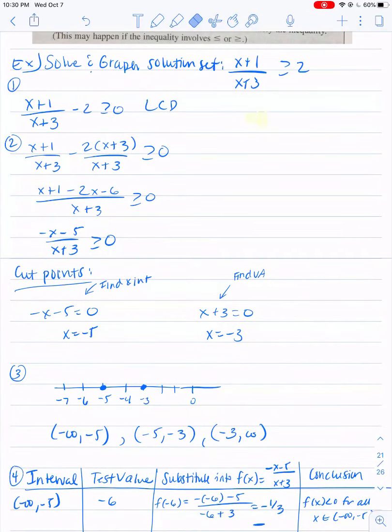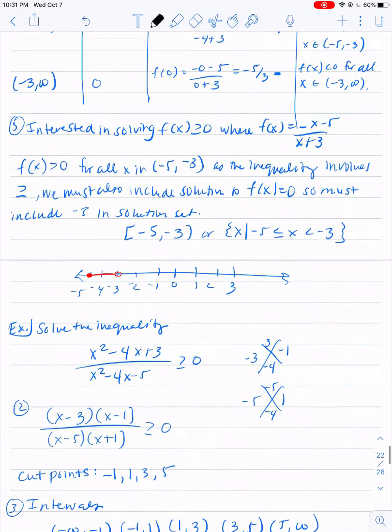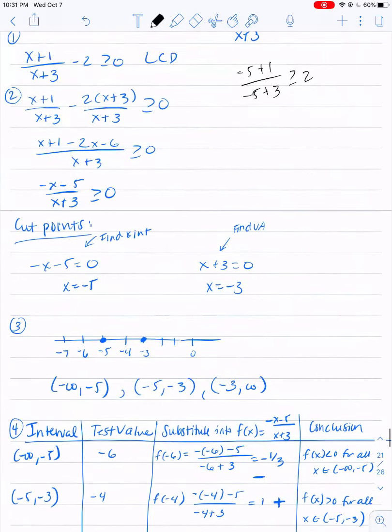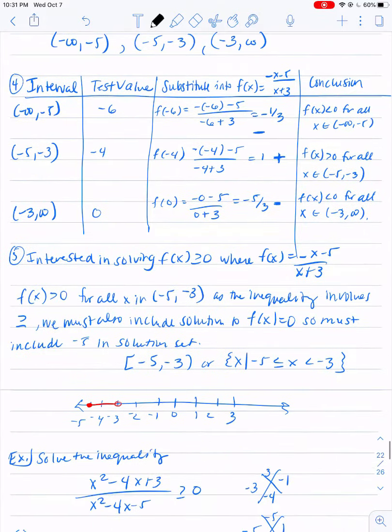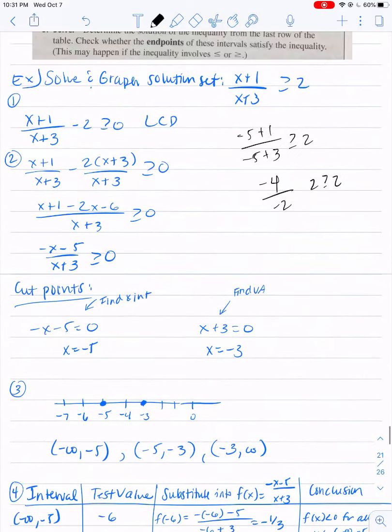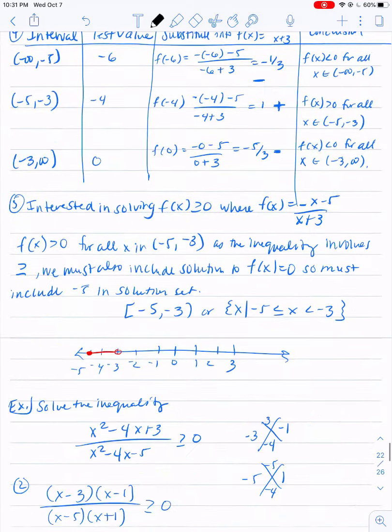We have negative 5 plus 1 over negative 5 plus 3 is greater than or equal to 2, which is true because we have negative 4 over negative 2, which is greater than or equal to 2. But when I plug in negative 3, that's not true because we get 0 in the denominator.